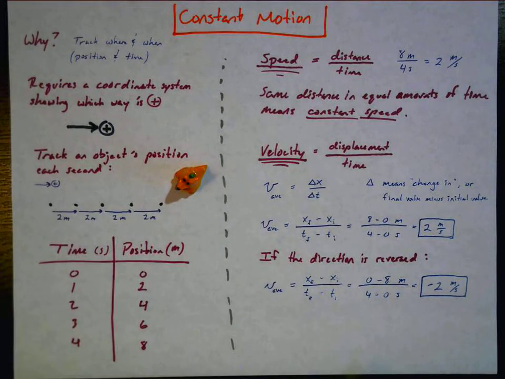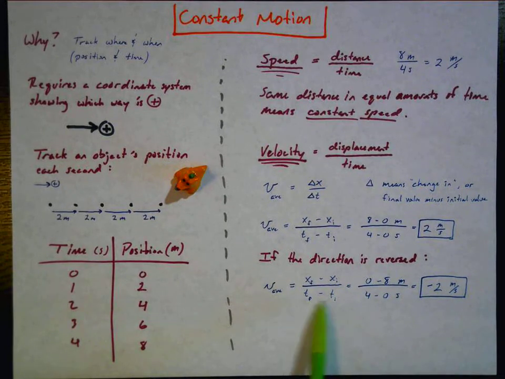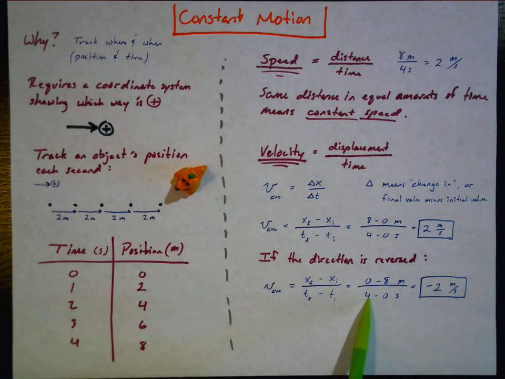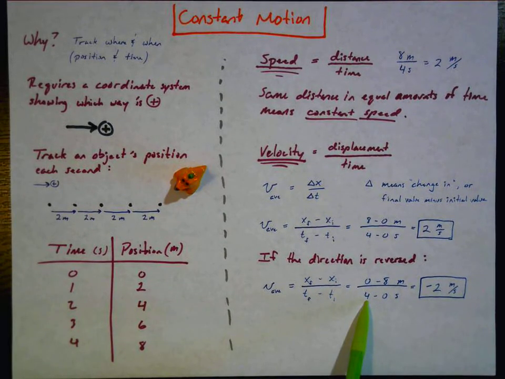Let's look at average velocity when she's going in the negative direction. We have final position minus initial position divided by final time minus initial time. The equation is the same. That doesn't change. But look at this. Final position is 0 and the initial position was 8. The time doesn't change. Final time is 4 and initial time is 0.